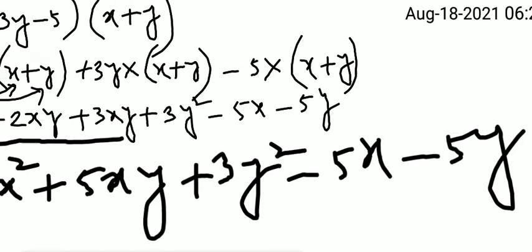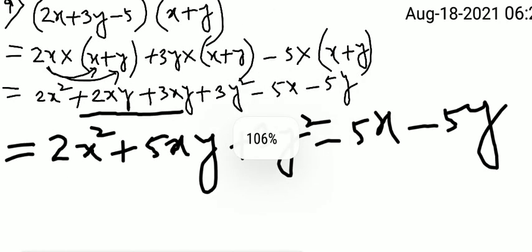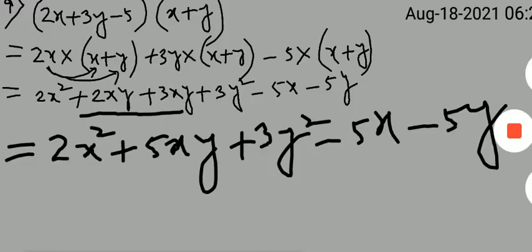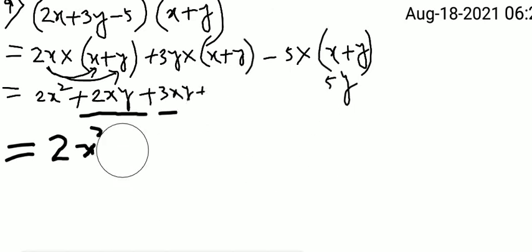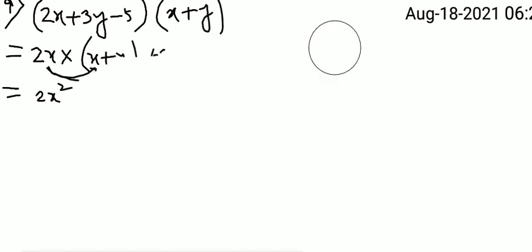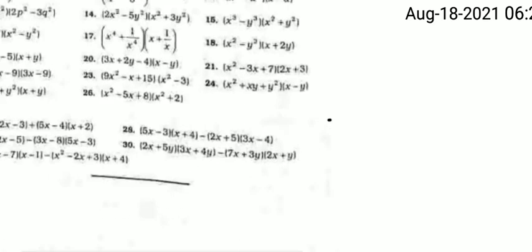Okay, so that is the answer: 2x square plus 5xy plus 3y square minus 5x minus 5y. So in this way you have to solve. Okay, now I am going to erase. Next question.